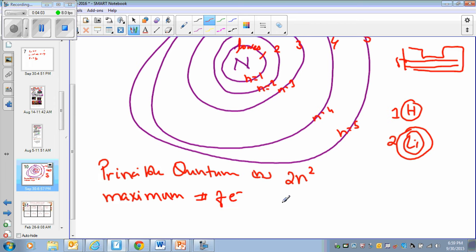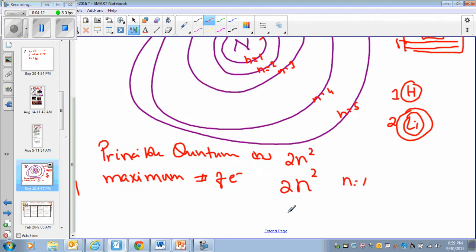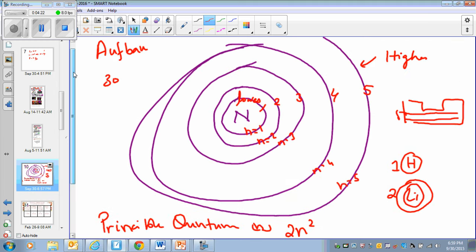So for example, if I want to find out how many electrons can go to the first energy level, that means n equals 1. I plug the numbers in, 2 times 1 squared, so it will be 2 times 1, which is equal to 2. So the maximum number of electrons that I can place in the first energy level is 2.